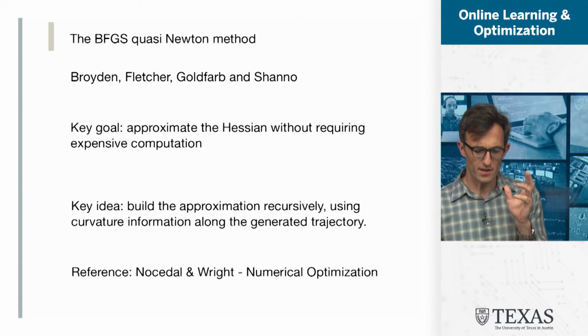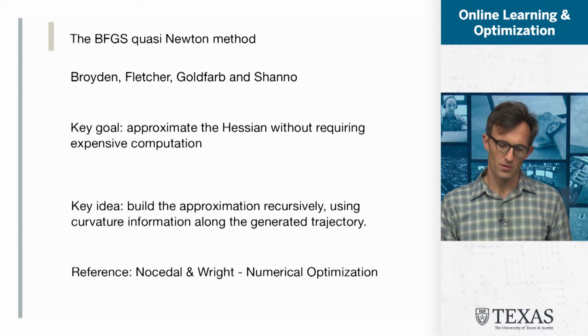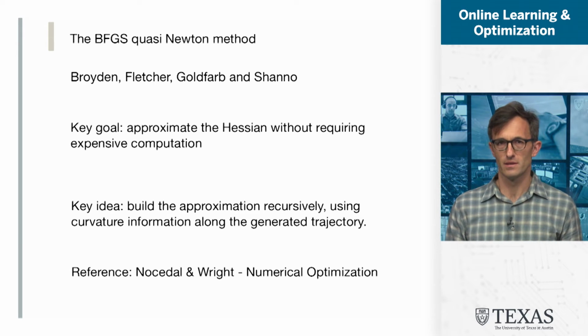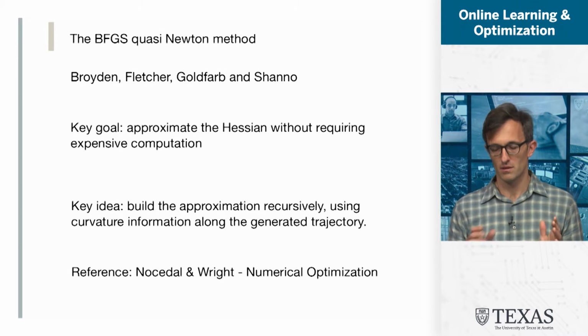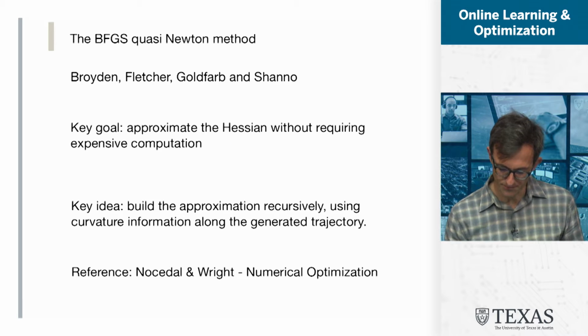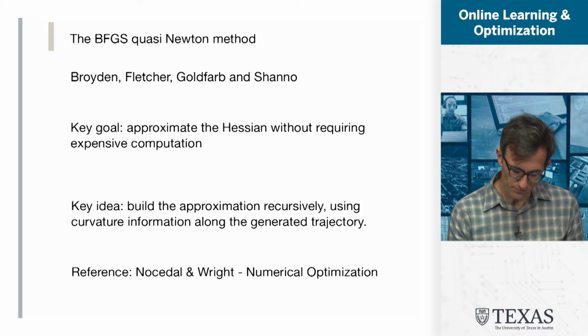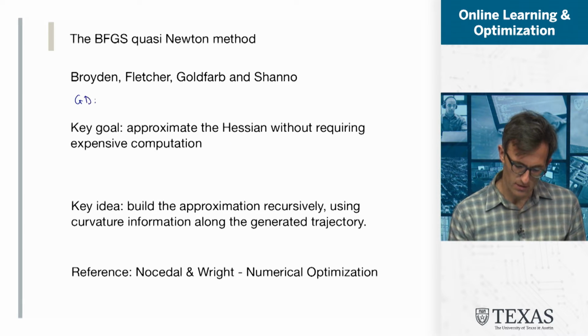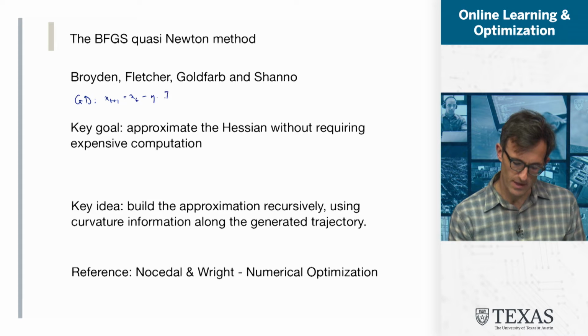So remember, what are we trying to do here? We have gradient descent, which tells us that x_{t+1} equals x_t minus eta times the identity times the gradient of f of x_t.